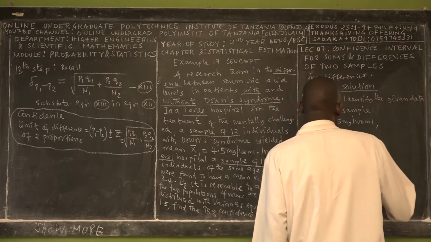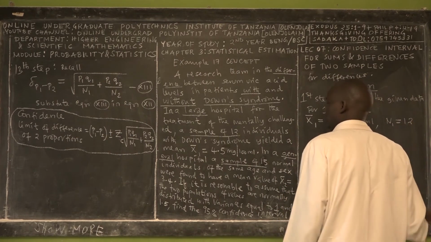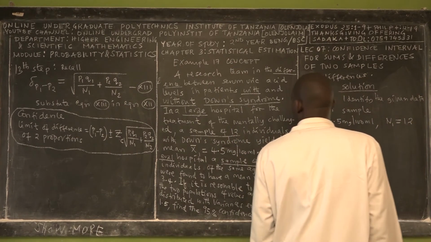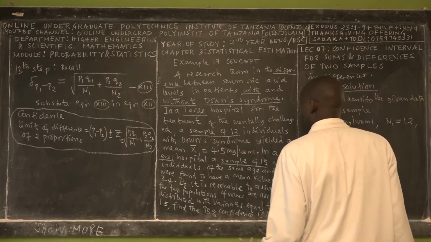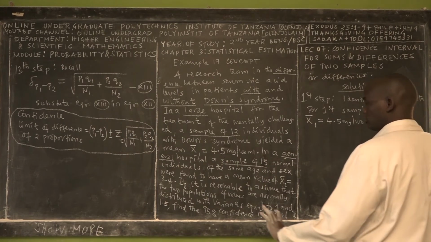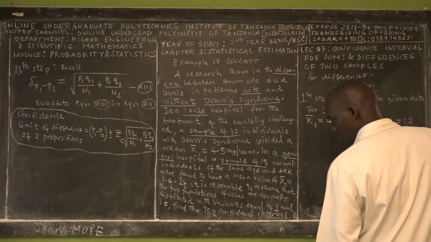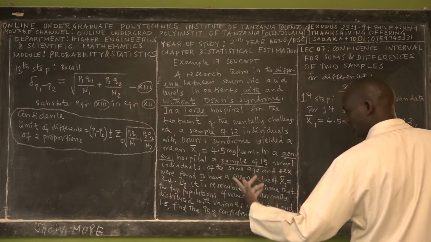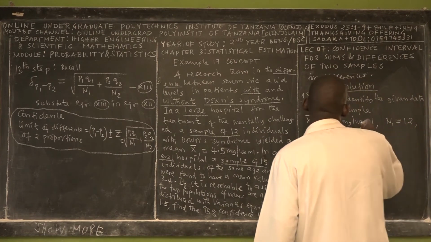We are also given the sample size, n1, which is equal to 12. So only 12 patients have been taken from the large hospital. Also its variance, because there is a missing word, respectively, in the statement 'with variances equal to 1 and 1.5 respectively'.